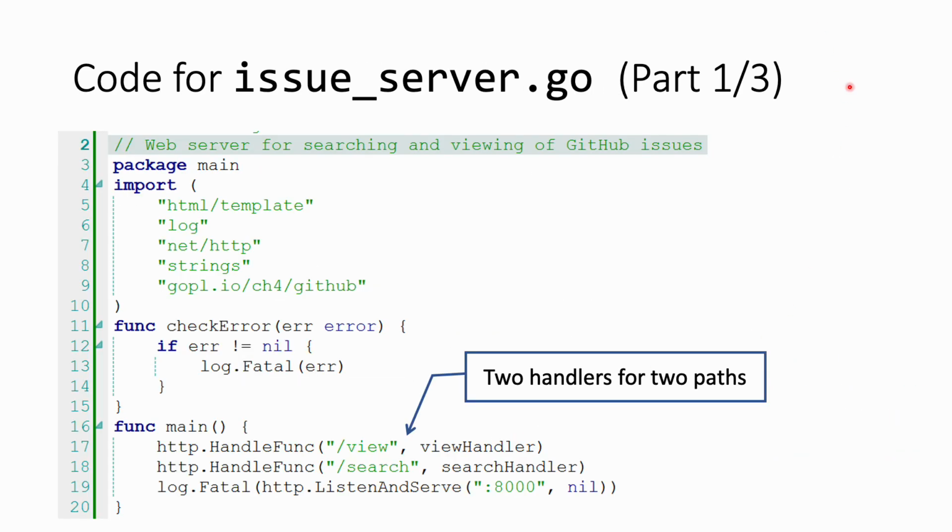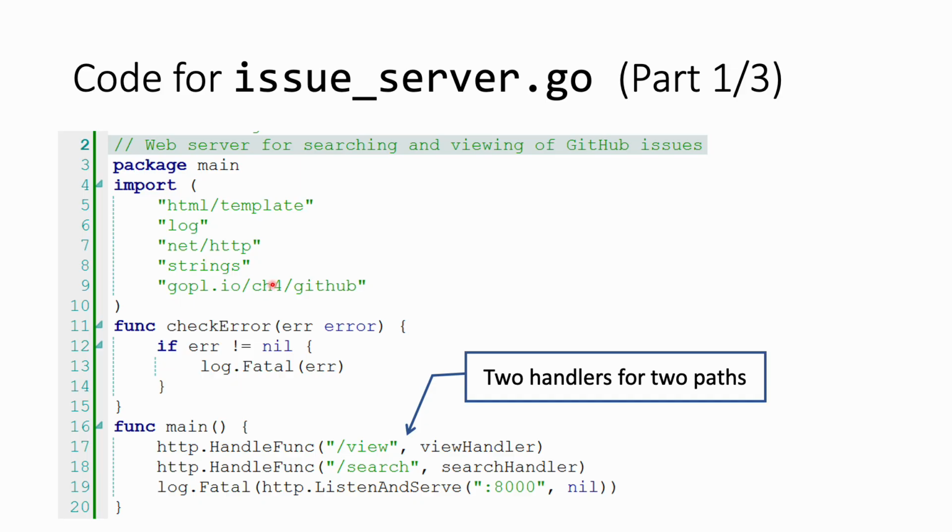The web server we are writing is the issue_server.go program. This program imports the html/template package, the log package, and the non-standard GitHub package as in the issuesHTML.go program. Unlike the issuesHTML.go program, this web server program does not need the os package.